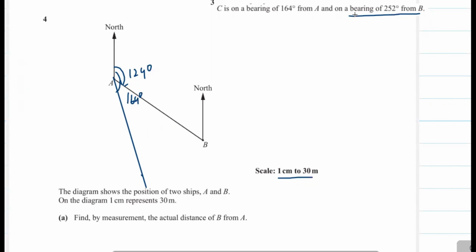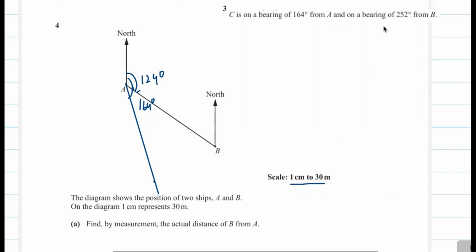Now you see here the bearing of 252 degree from B. Now to take the bearing of 252 degree from B, you cannot draw 252 degree from the protractor. Therefore we take the value 360 minus 252 degree, that's equal to 108 degree.